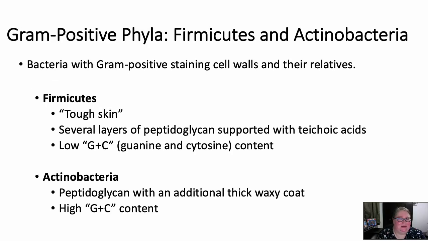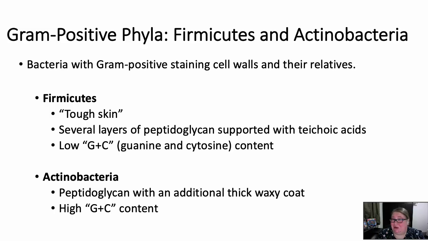Okay, so let's talk in more detail about our Firmicutes and our actinobacteria. For the most part, these are bacteria that stain gram-positive, meaning they're going to be purple after the gram stain. Firmicute literally stands for tough skin, which is very appropriate because there's a large amount of bacteria underneath this phyla that can create endospores.